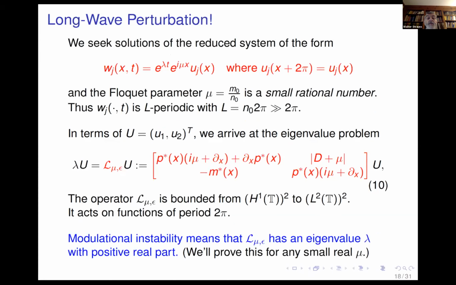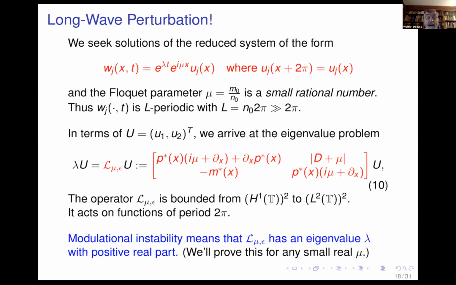And then we want to look for growth in time. So we have e to the lambda t, and the whole purpose of this lecture is to show that there is a lambda where the real part of lambda is positive. So you get growth.